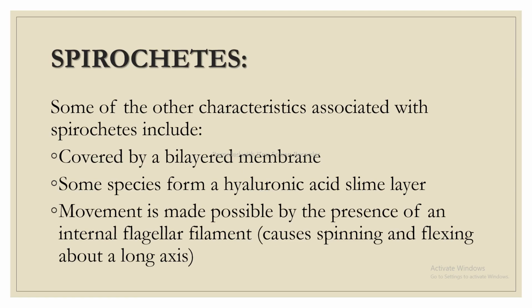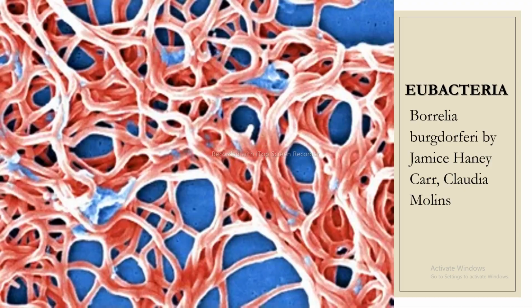Movement is made possible by the presence of an internal flagellar filament that causes spinning and flexing about the axis. So this is the Borrelia burgdorferi by James Haney and Claudia Mullins, as shown in the figure.